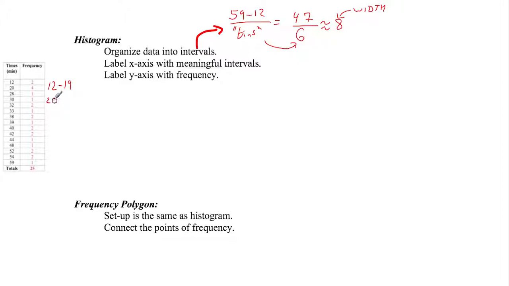So then the next interval is going to be 20 to 27, then 28 to 35, 36 to 43, 44 to 51, and 52 to 59.